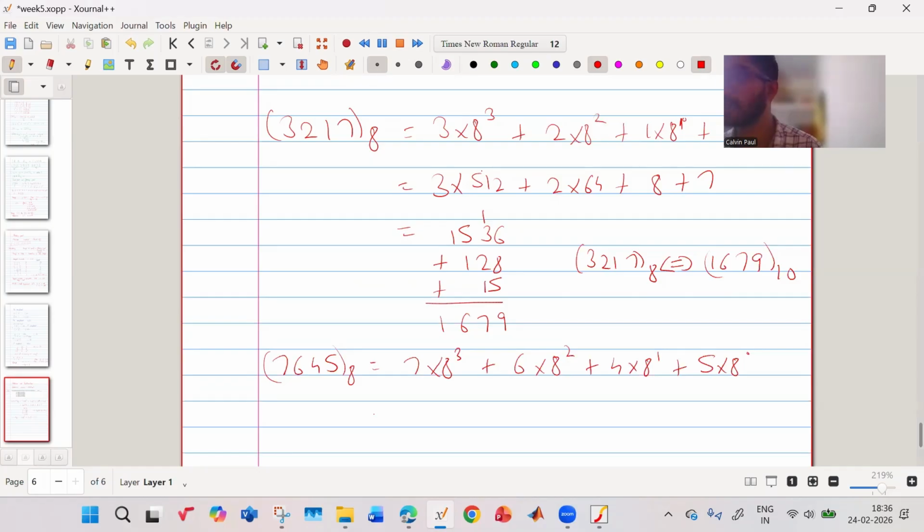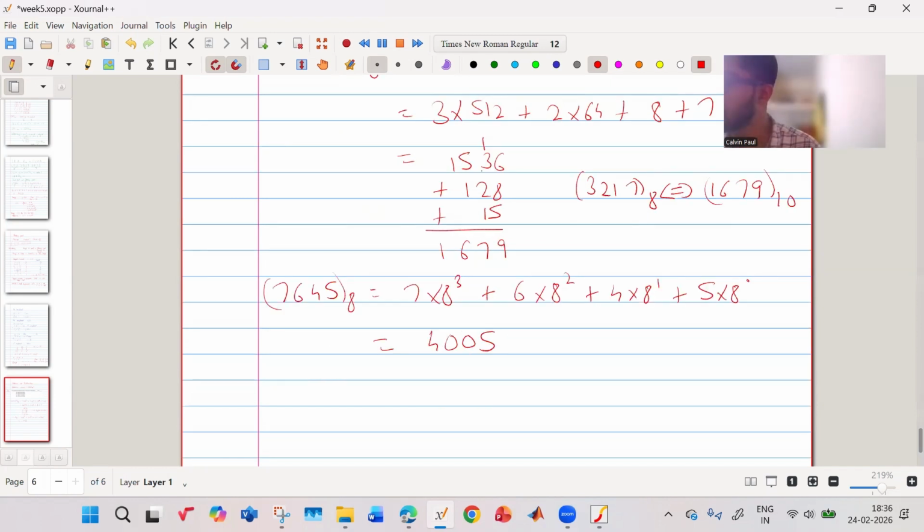So that also, when you add it, you would get a number of 4005. Okay, 4005. So that means (7645)8 is actually 4005 in this base 10 format.